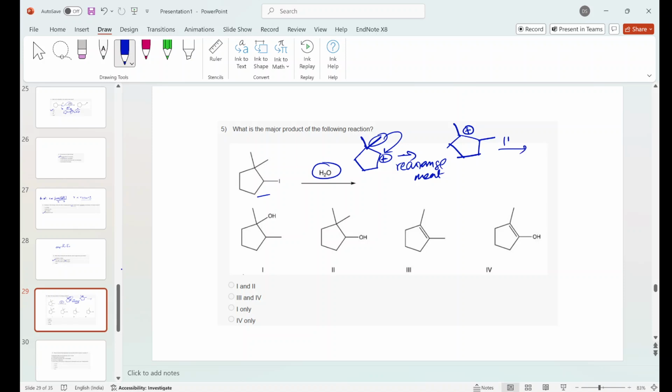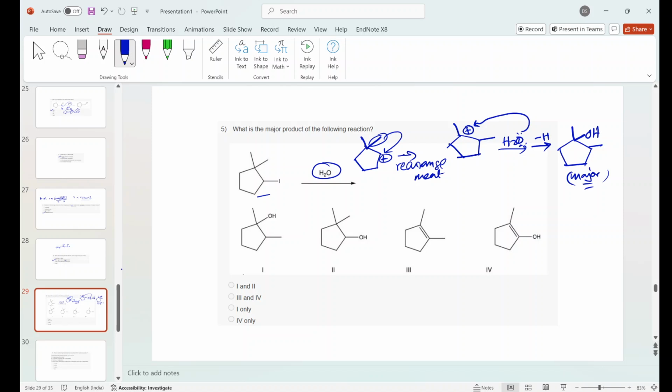Okay. Now water can come and there will be one more proton abstraction stage so that you will end up with OH, and this one is your major product.